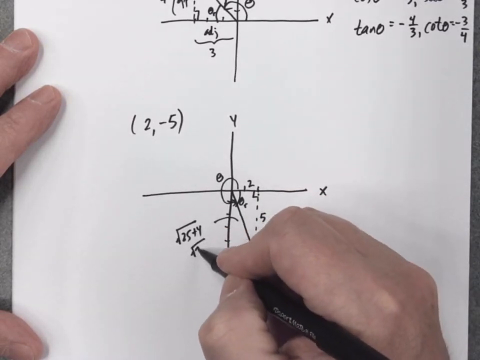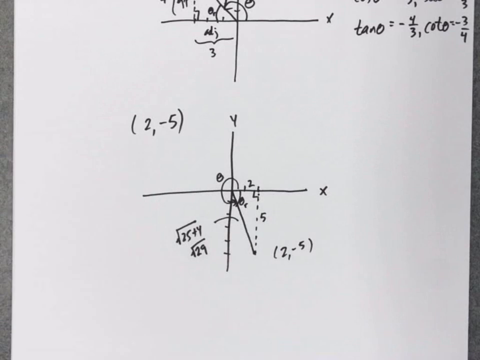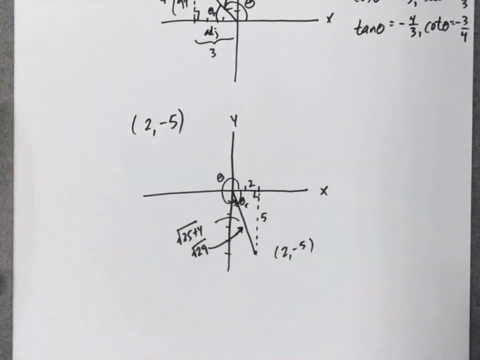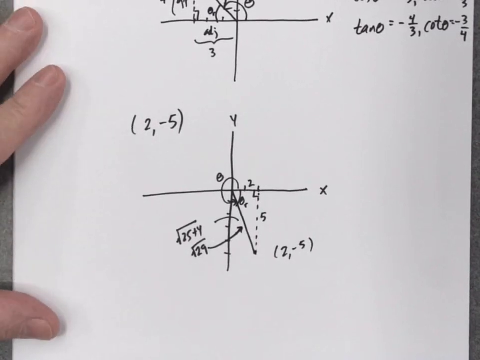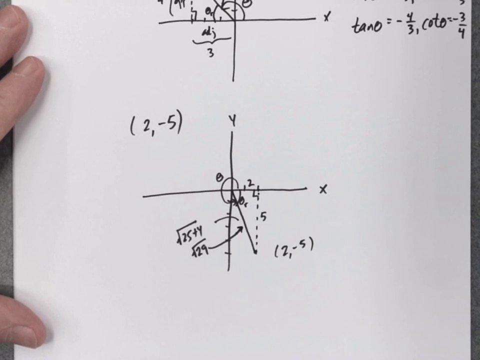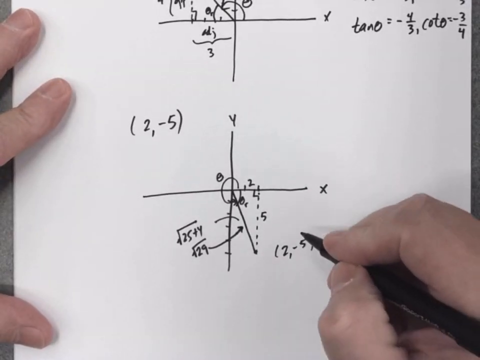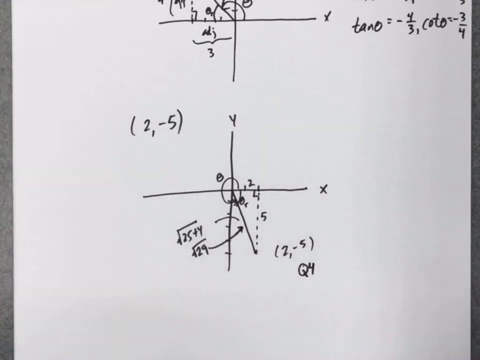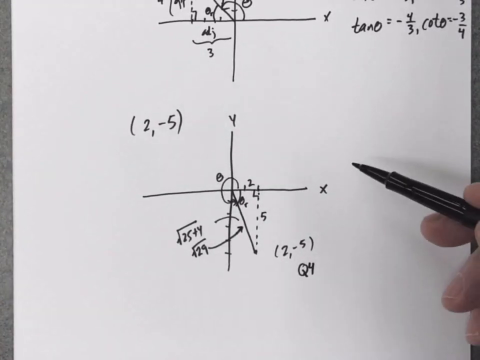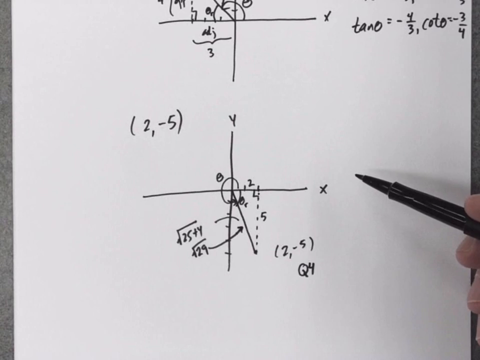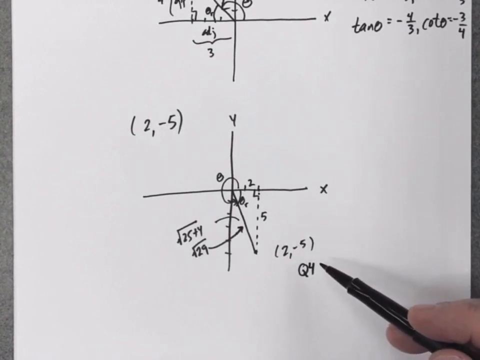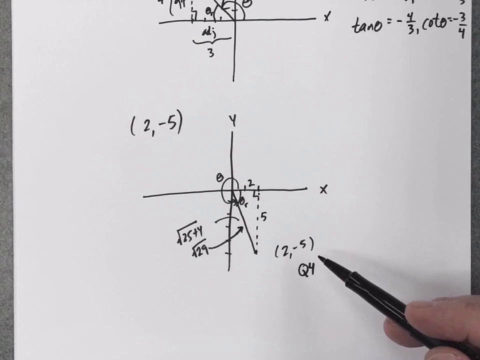Looks like the hypotenuse is square root of 29. So now we have the 3 sides of a right triangle, so now we use our trig definitions of a right triangle. Now the key is this angle is in quadrant 4. So after we find the numbers for each of the trig functions, we then have to decide whether it should be a positive or negative number.